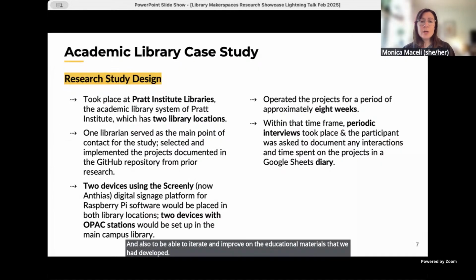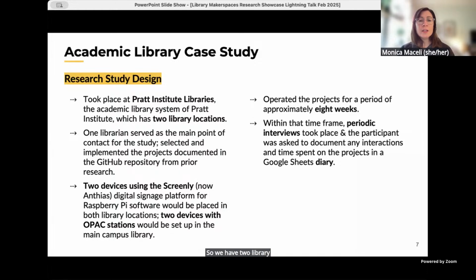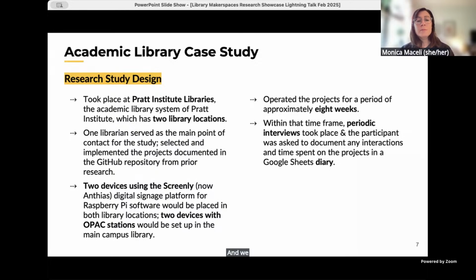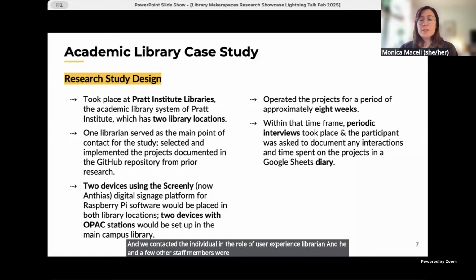So we have 2 library locations at Pratt Institute, a small library and a main library. And we contacted the individual in the role of user experience librarian, and he and a few other staff members were the key contacts during this project. He chose what projects out of that list in the GitHub that he would like to implement in the libraries.